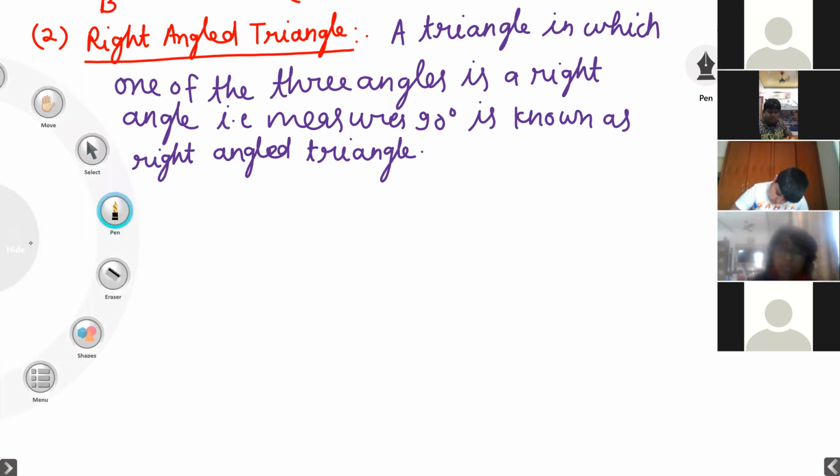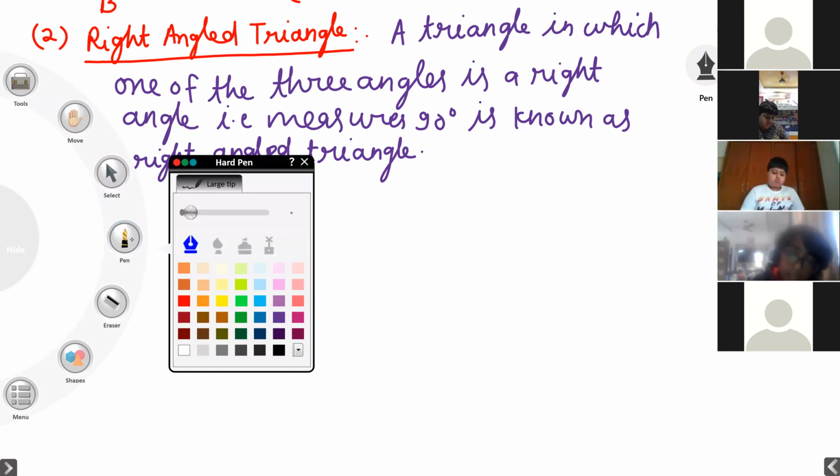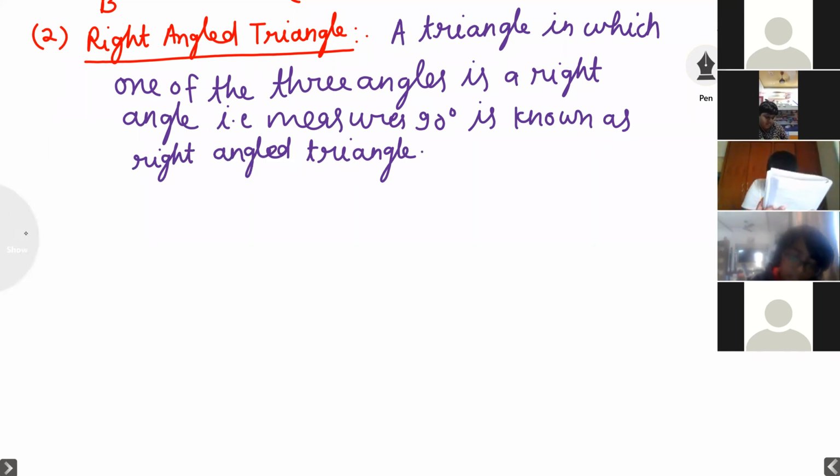One angle will always be 90°. That is called right angle triangle. Underline this point: one angle is right angle.